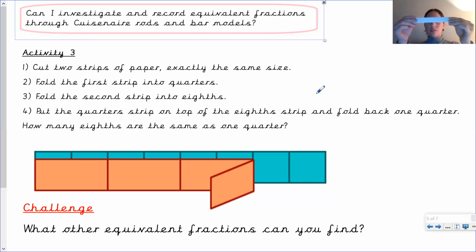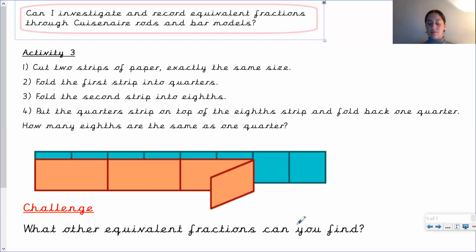You will need your 2 strips of paper, 1 folded into quarters, 1 folded into 8ths. Put the quarter strip on top of the 8th strip. So my quarter strip is on top of my eighth strip. And fold back 1/4. Fold back 1/4. How many eighths are the same as 1/4? Challenge.